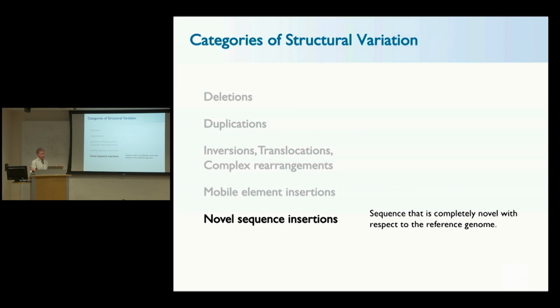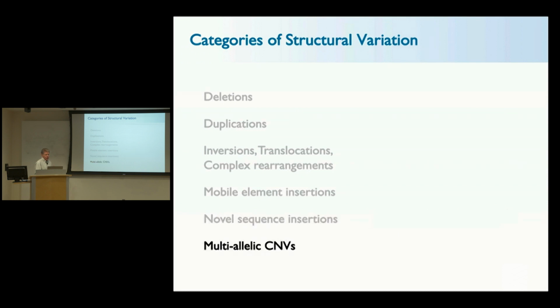And you can imagine that as we sequence more human genomes, especially with long-read technologies, the reference will be more complete and we won't find these novel sequence insertions, which would really be human sequence that just is not in the reference genome, right? But it's human and maybe exists at high frequency, but it just doesn't look like anything else in the human genome. And the last category I'm going to talk about here is multi-allelic CNVs.